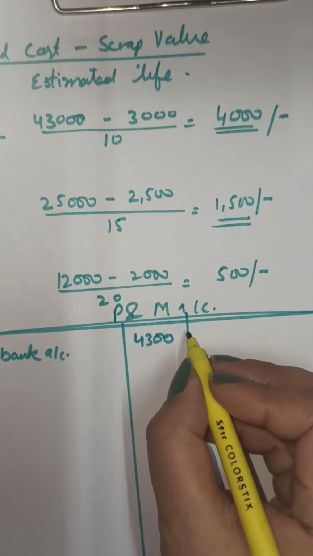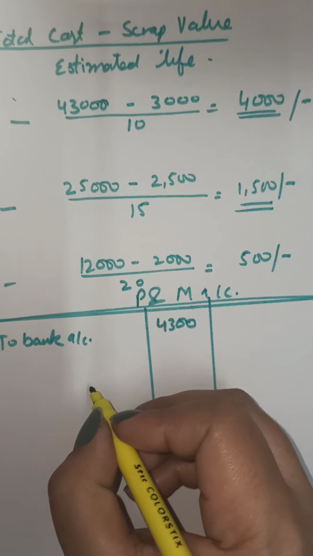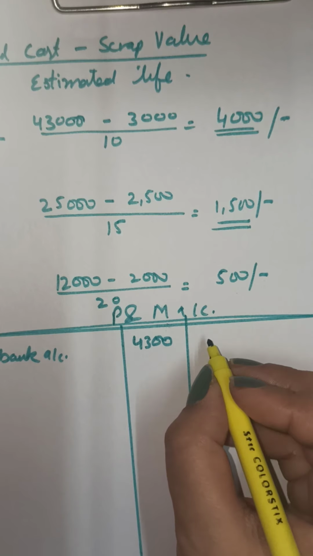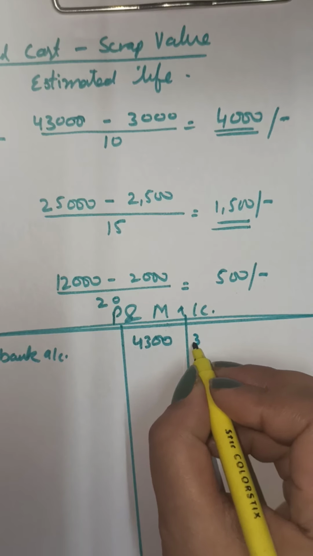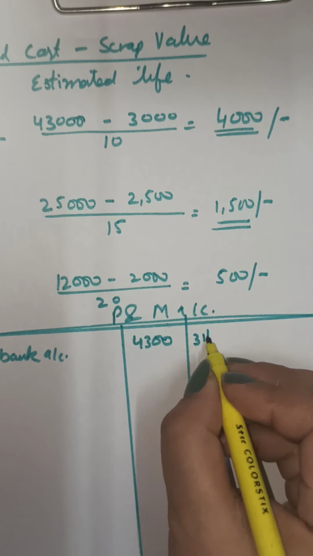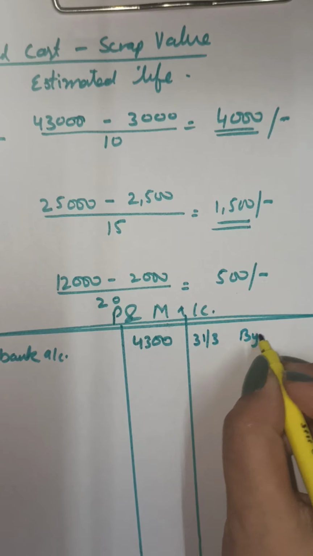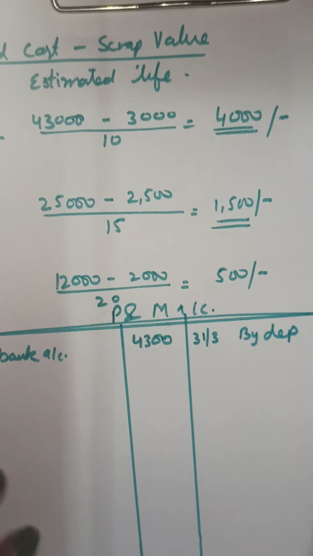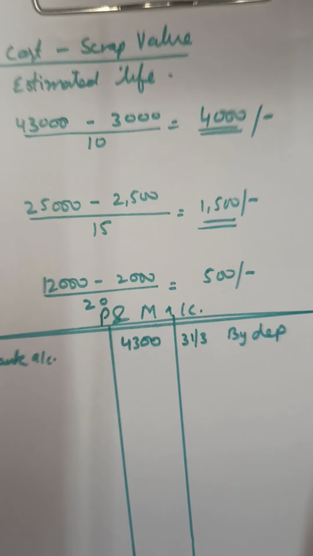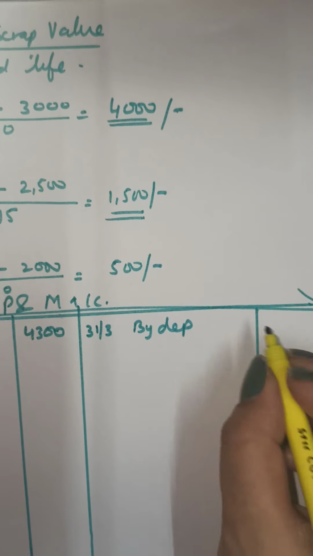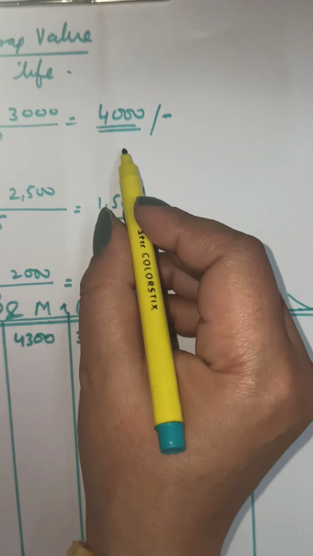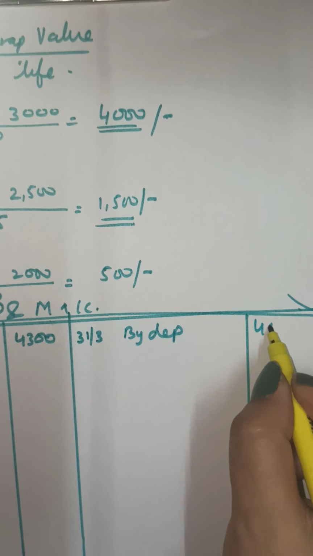On the last date of the year, there is no more transaction in this year. The asset is calculated on 31st March by depreciation. The depreciation is 4,000 rupees.